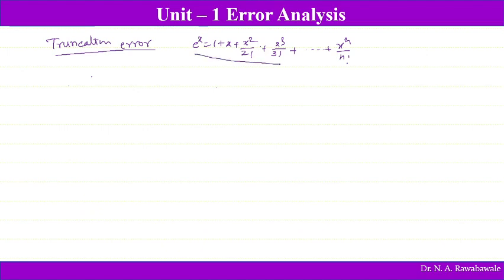Instead of using this, e to the power of x, we take it as 1 plus x square divided by 2 factorial plus x to the power of 3 divided by 3 factorial, and the rest of the series is omitted. Even by knowing the exact mathematical procedure, we are going to take some approximate mathematical relation, and because of this the error is introduced, and that is nothing but the truncation error.